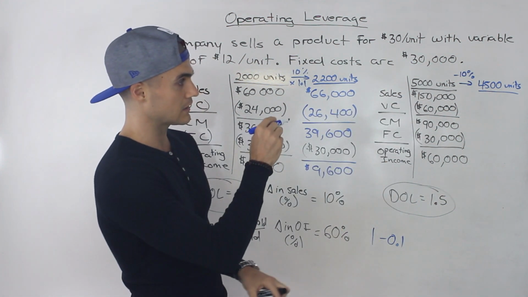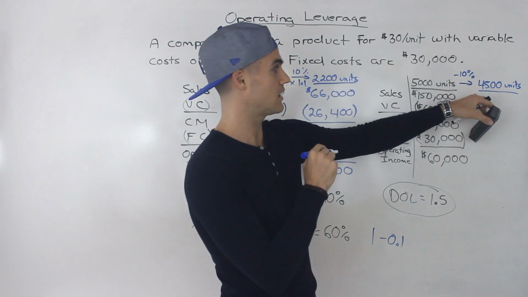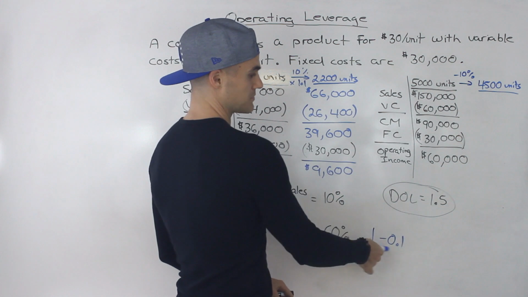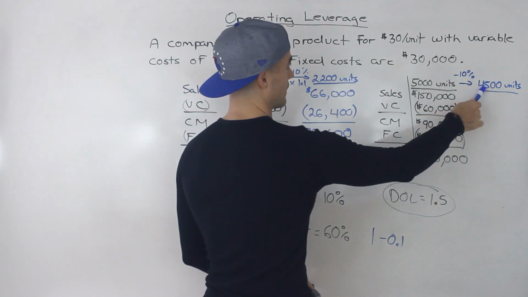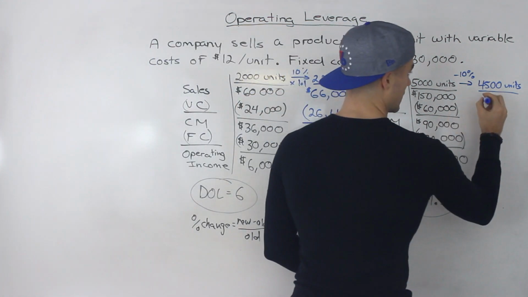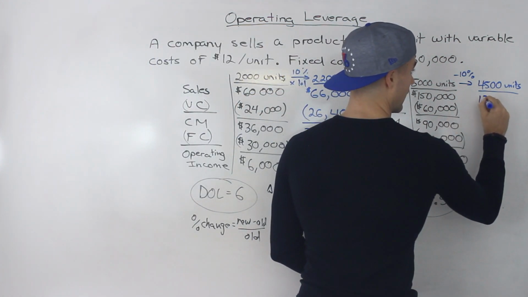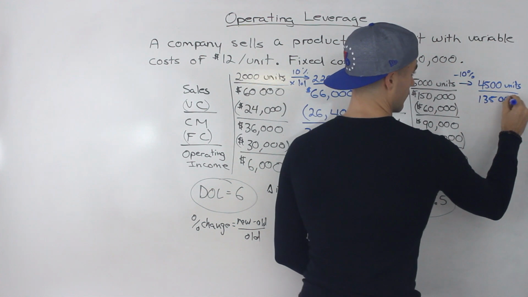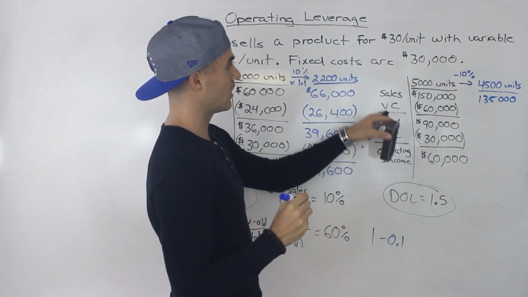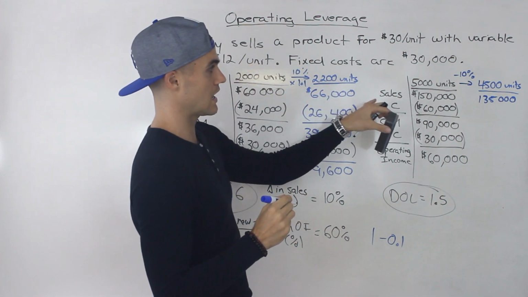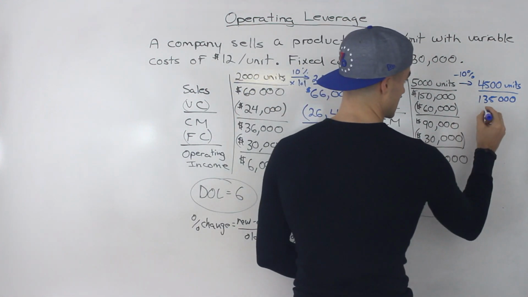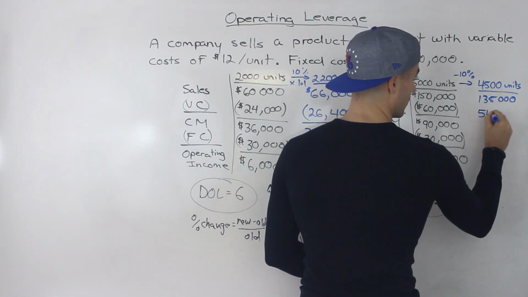And now we could fill out an income statement for that new production level. So notice that 150,000 times 0.9, or 4,500 times 30, that would give us 135,000. And then the variable costs, $12 per unit times 4,500 units, that would give us 54,000.